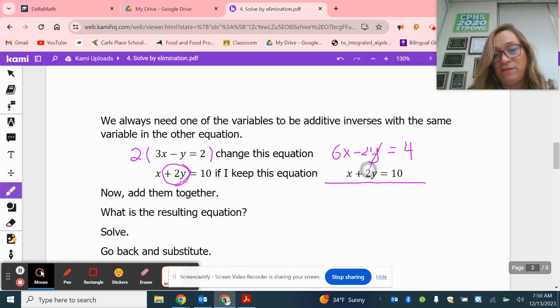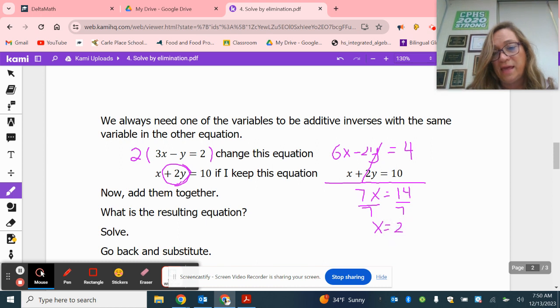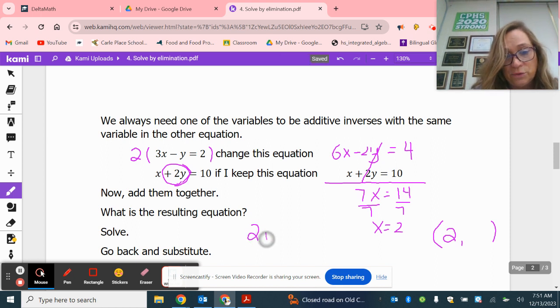So now when I add those together, I get 7x equals 14. Divide by 7, and I get x equals 2. And that's the first part of my ordered pair. So then I go back and substitute that in. So 2 plus 2y equals 10.